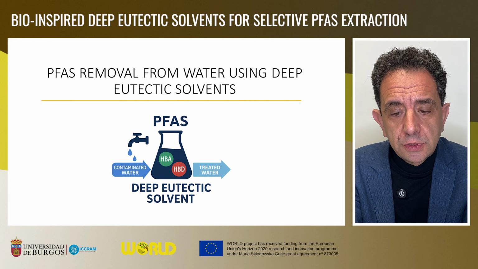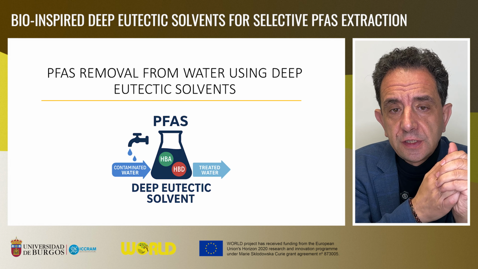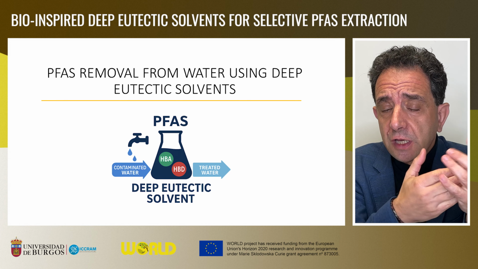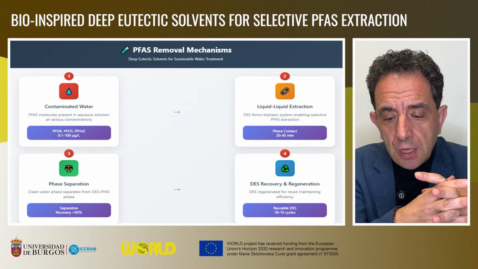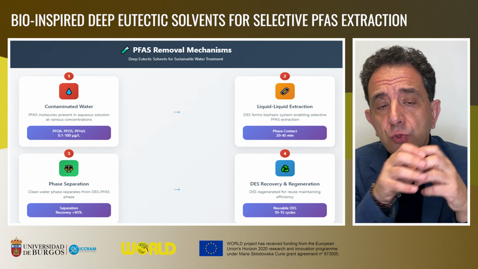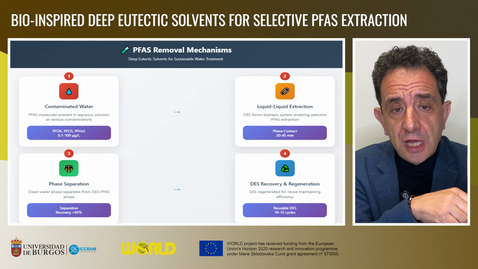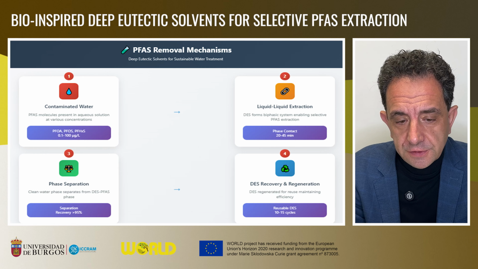We have polluted water. We have the eutectic solvent that we have produced with this waste coming from the work project. We develop a liquid extraction procedure, and at the end what we have is the PFAS molecules moving from water to the hydrophobic solvents. At the end we have the clean water and the PFAS in the extracting phase.